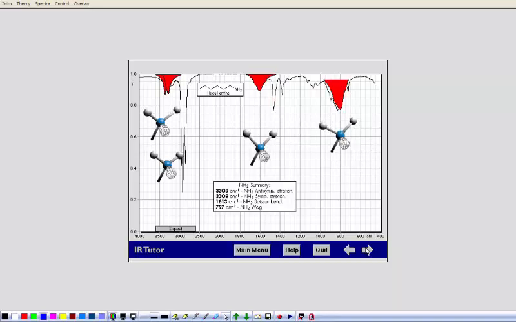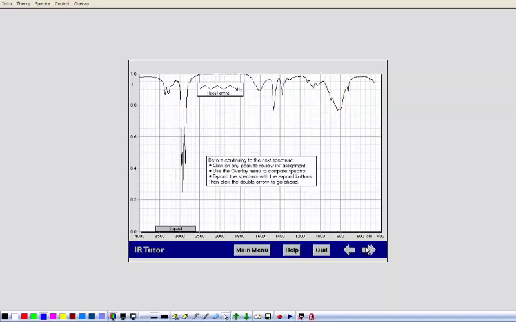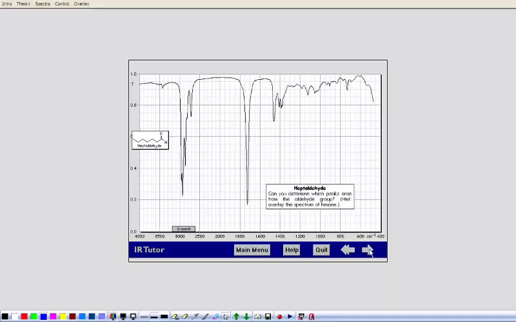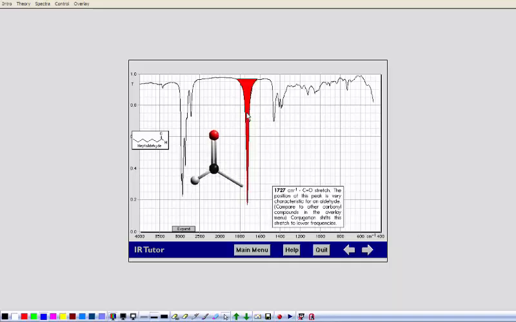Okay, what I think is the last group: carbonyls. The C=O double bond has a very characteristic stretch. It occurs between 1600 and 1800 wave numbers. There are all sorts of carbonyl functional groups: aldehydes, ketones, carboxylic acids.